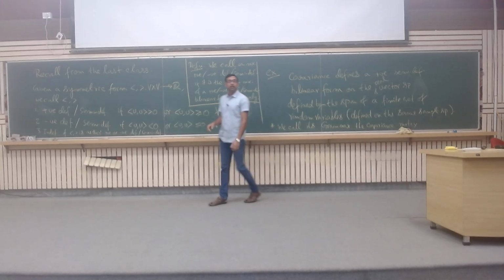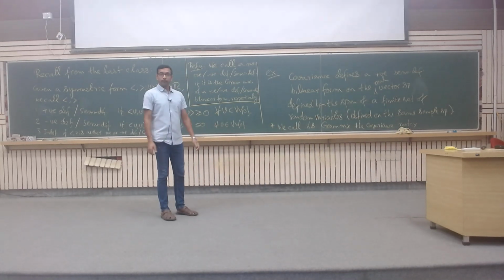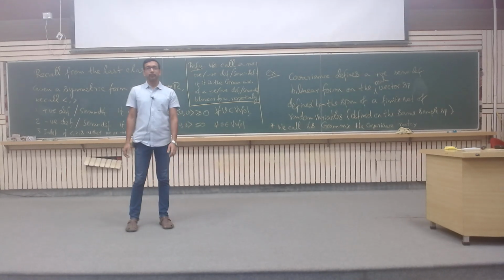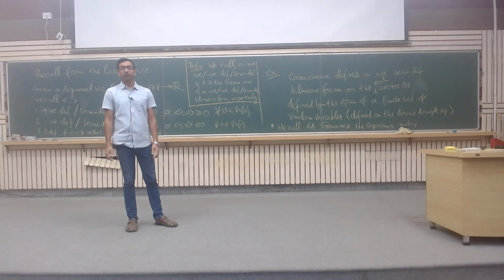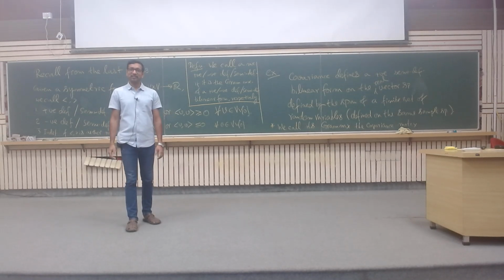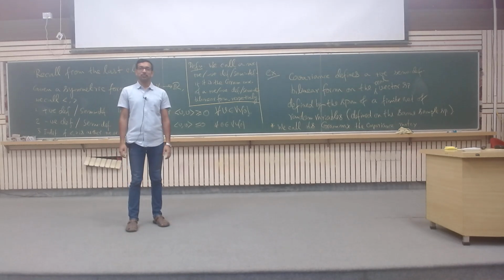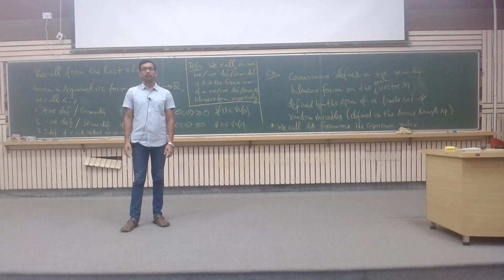The covariance of two random variables? Sure. So how does covariance define a positive semi-definite form? What is the definition of a positive definite or positive semi-definite form? All the bilinear products are greater than 0.